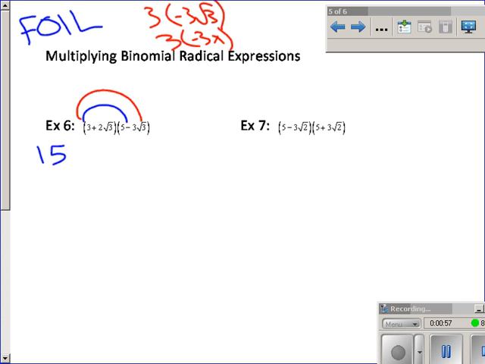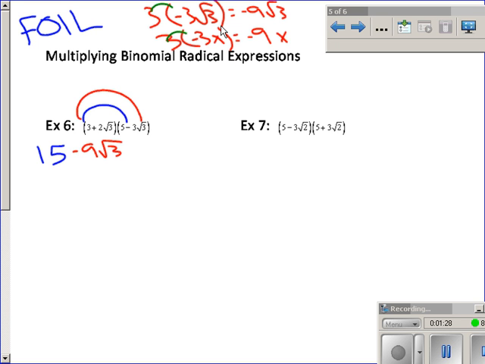Because in both cases, the only thing that actually multiplies together is the 3 times the negative 3. The variable and radical would both stay the same. So 3 times negative 3 gives me negative 9 root 3, just like 3 times negative 3 would give me negative 9x. So, back to our problem, 3 times negative root 3 gives me negative 9 root 3.